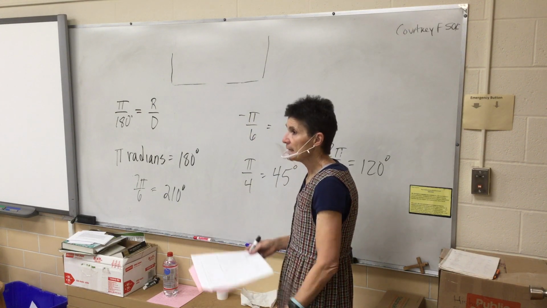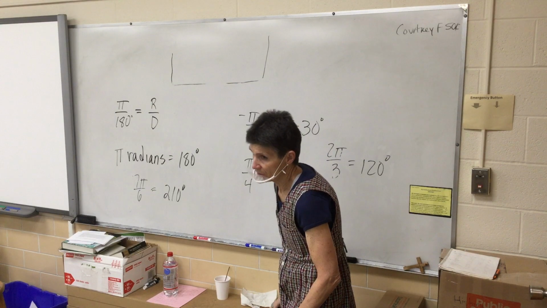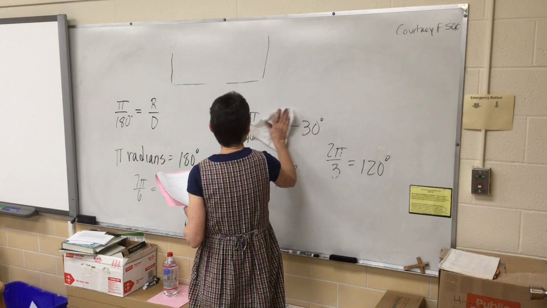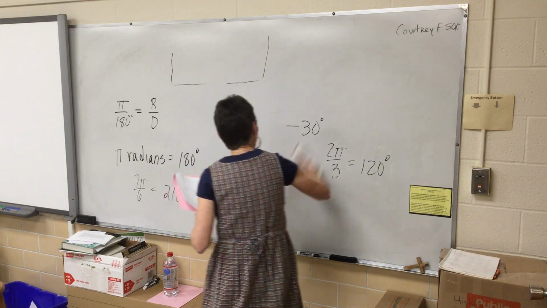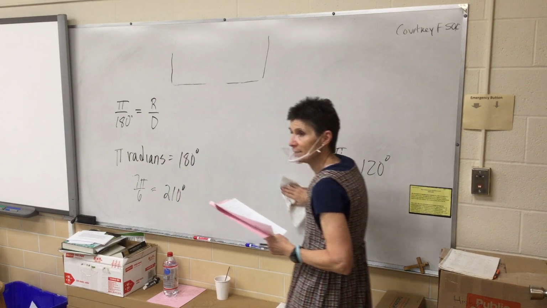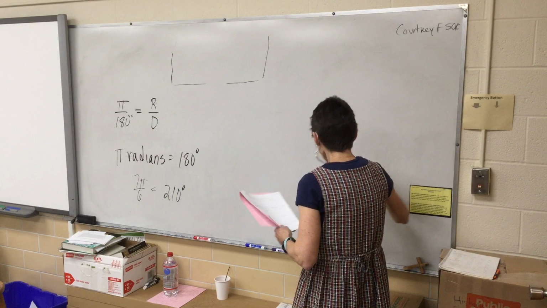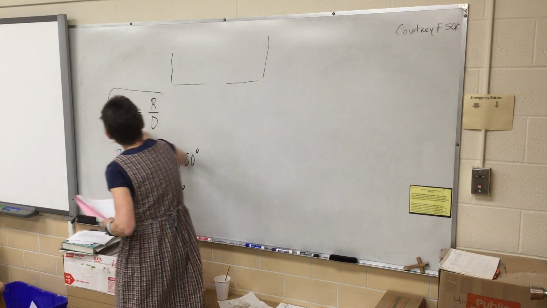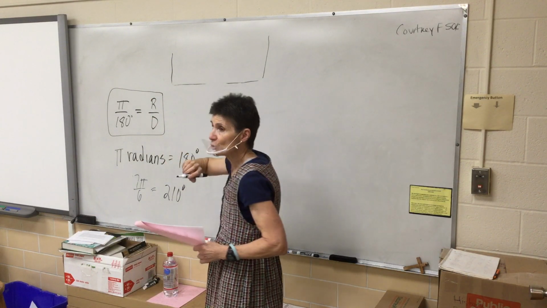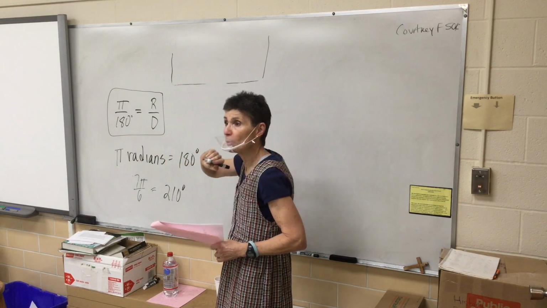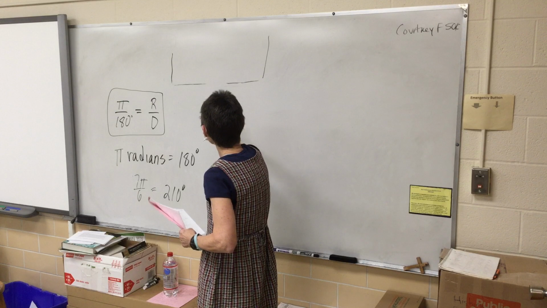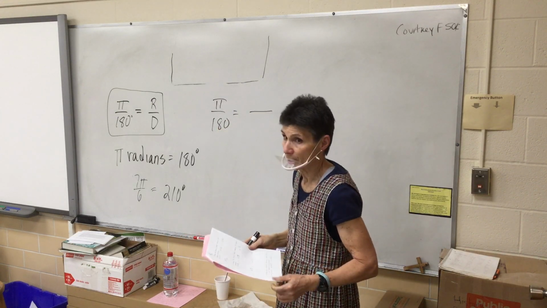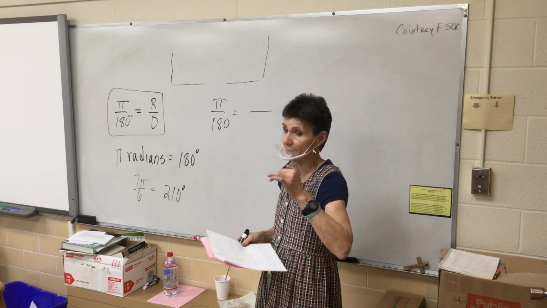Now, E is harder because what is missing in problem E? There's no pi to get started with, right? So to do problem E, you're going to go back to this. There's no shortcut. You're going to have to go back to your proportion and say pi over 180. Now, where is the 2 going to go? In the top of the fraction or the bottom?